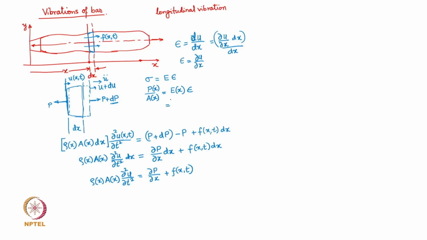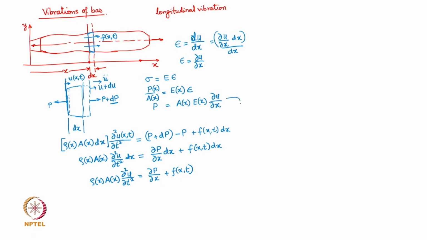So I can write this P as equal to A(x) E(x) times ε, if E is assumed to be varying. Of course it is not going to be. The material properties are typically constant for that bar, so we will drop that x argument for both rho as well as E later, but epsilon is now ∂u/∂x.